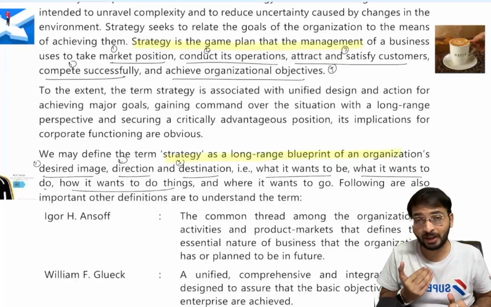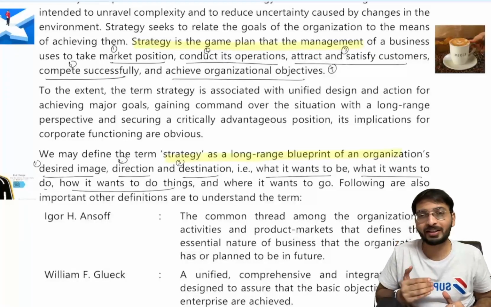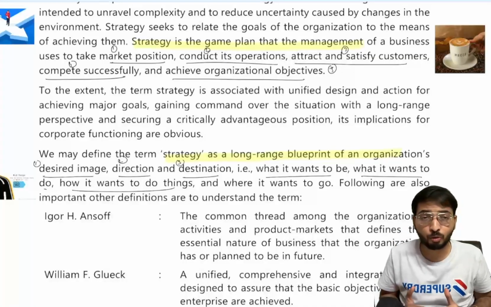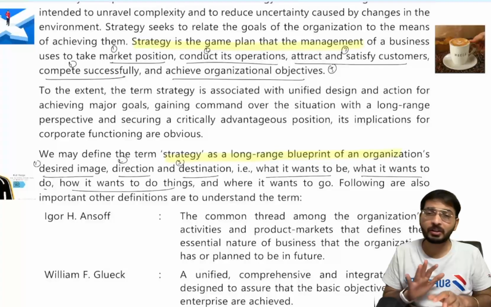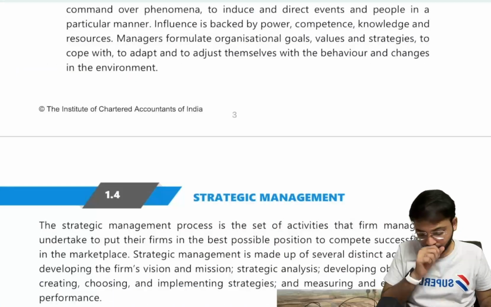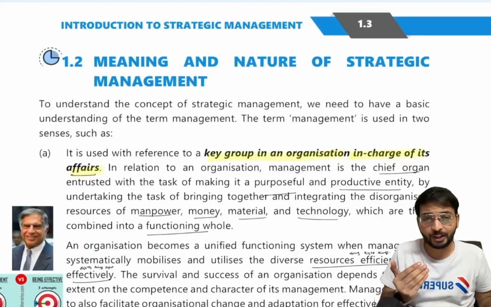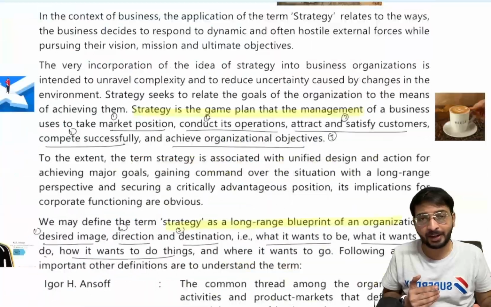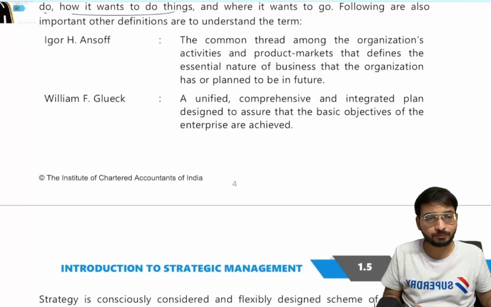What is desired image? What it wants to be. What is desired direction? What it wants to do and how it wants to do. Where it wants to go in the future is called desired destination. So, now we are done with what is meant by management. We are done with what is meant by strategy also.